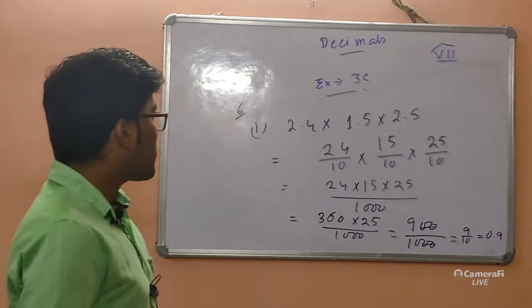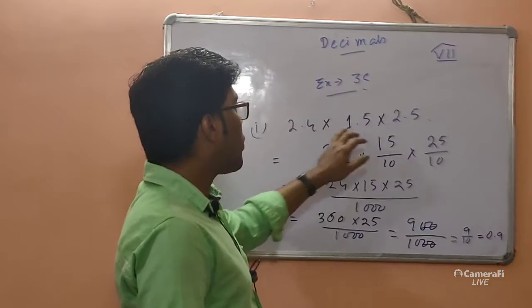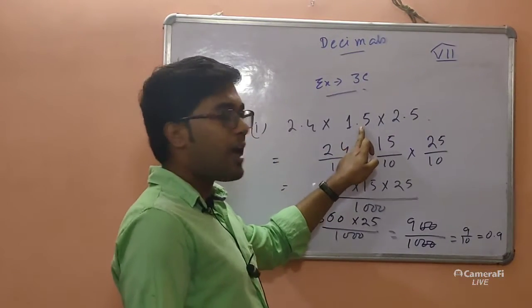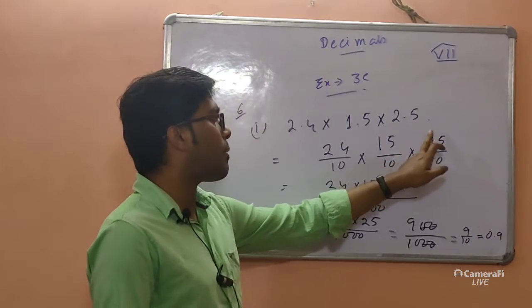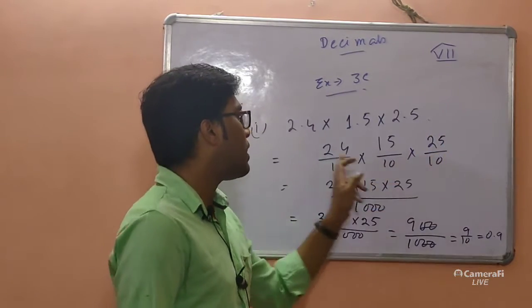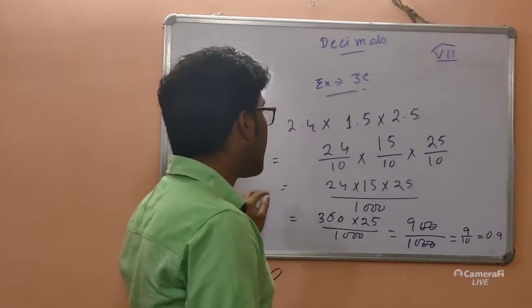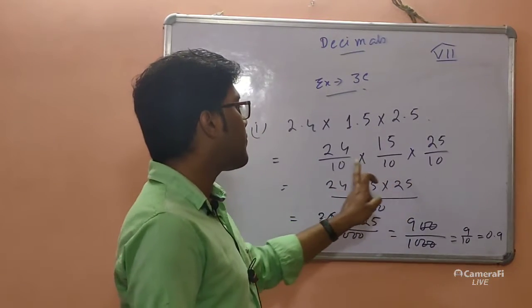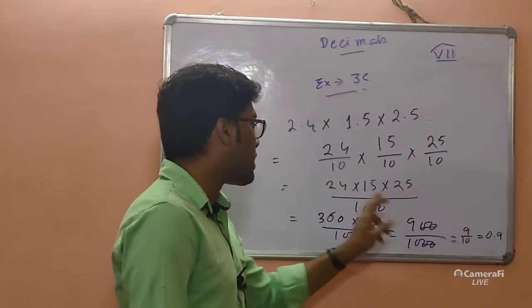Let me repeat this again. So 2.4, 1.5, 2.5. 2.4 is 24 by 10, 1.5 is 15 by 10 and 2.5 is 25 by 10. So multiplying numerators and multiplying denominators: 24 into 15 into 25, and 10 into 10 into 10 becomes 1000.